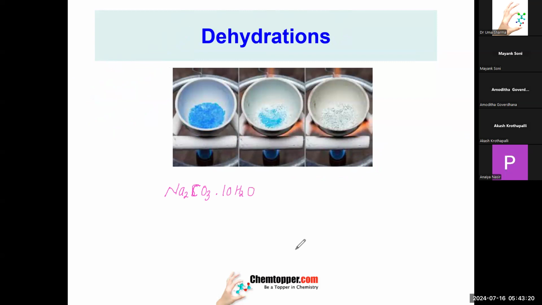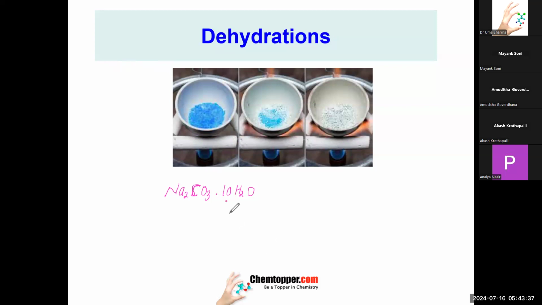What kind of salt is this? It is a hydrated salt, please type here, hydrated salt. What is the water of crystallization in this hydrated salt? These are fixed values.